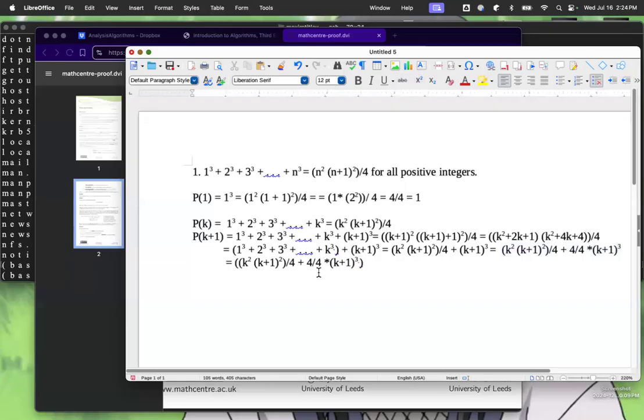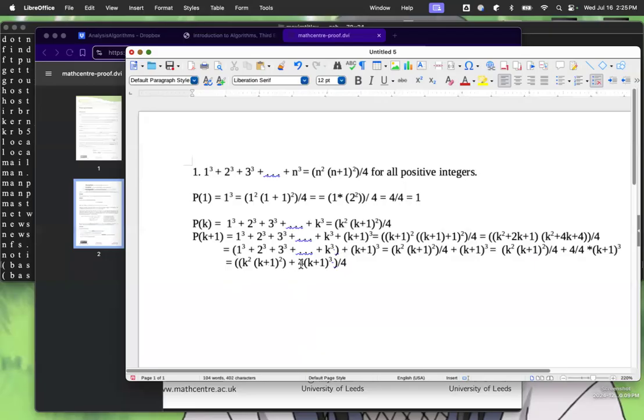Because since now they're both over 4, I'm going to divide them both by 4. Like that. Okay, so just make sure these parentheses are all matching. Yes, they do. Okay, great.